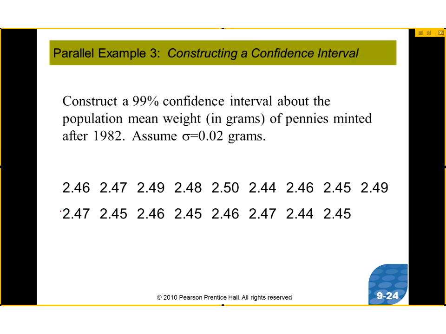So how do we do a 99% confidence interval about this population mean, for pennies minted after 1982? First thing, we already know the mean of this sample because I did this before. Again, that 2.464 comes into play. And how do we know what our z of alpha over 2 is?